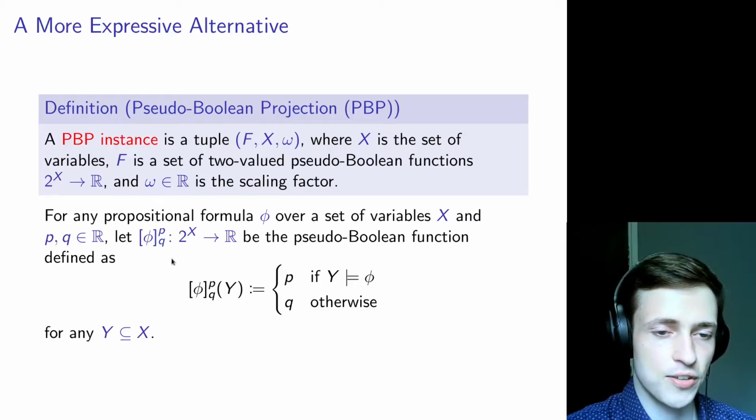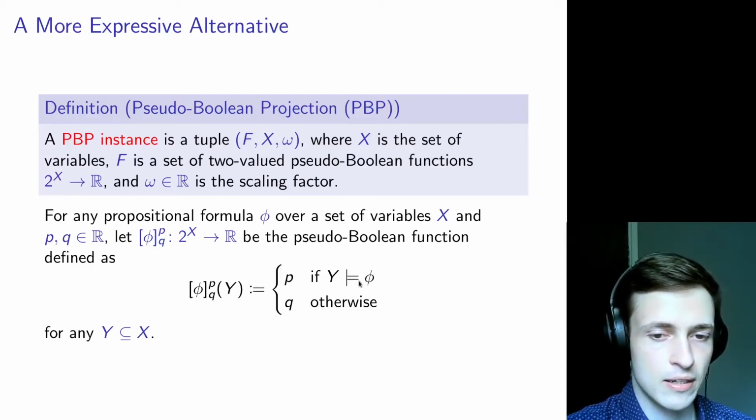And for such functions, we can represent them very conveniently in this form, where this function is defined to return p if a subset of variables interpreted as a variable assignment entails that formula and q otherwise.